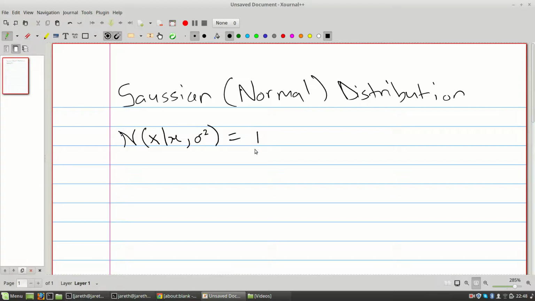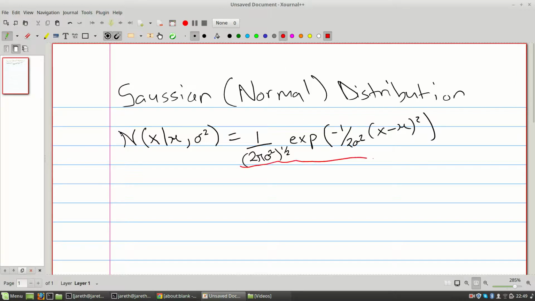This is 1 over 2 pi sigma squared, to the power of a half, so the square root of this, multiplied by the exponential of minus 1 over 2 sigma squared times x minus mu squared. So essentially this is the formula for the Gaussian distribution.